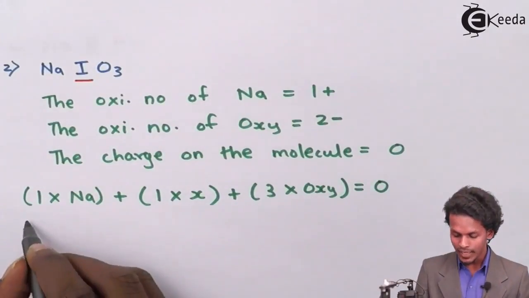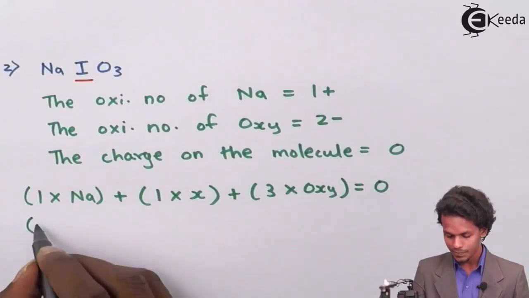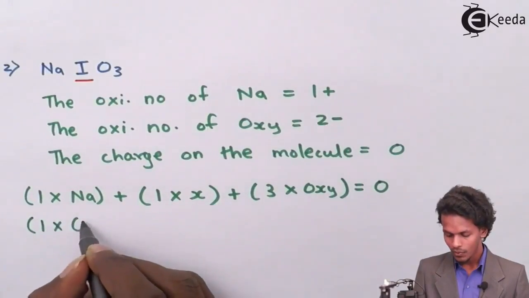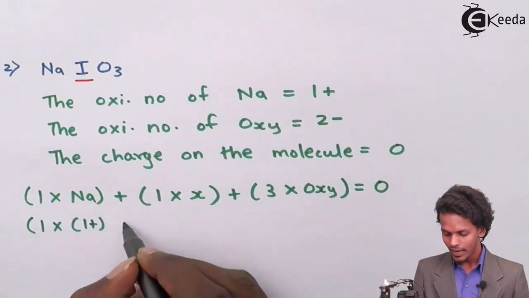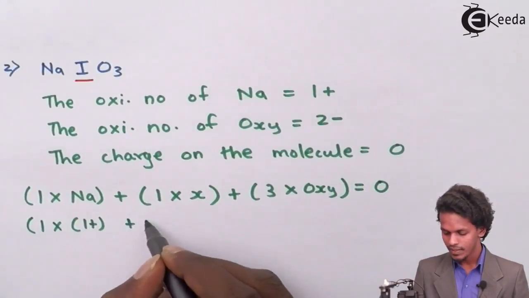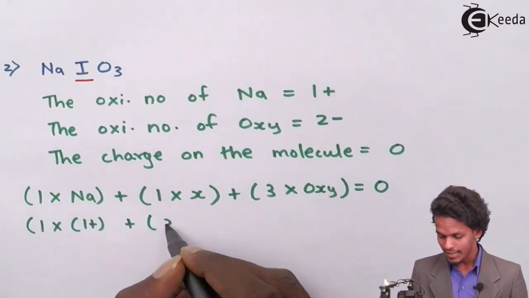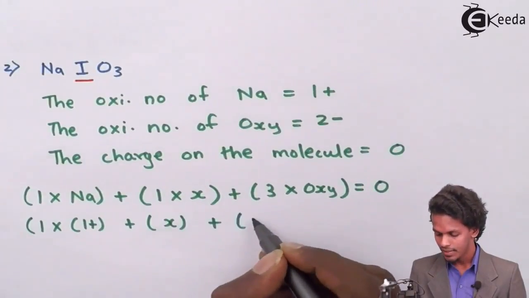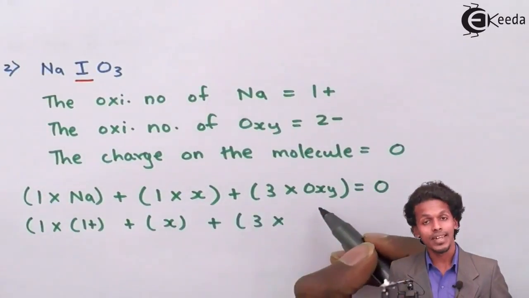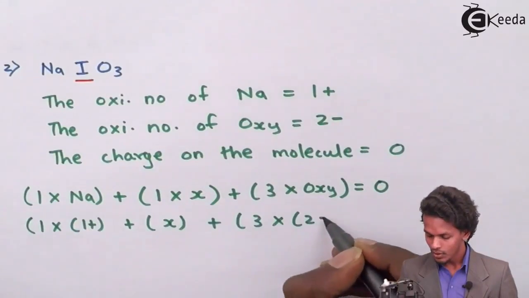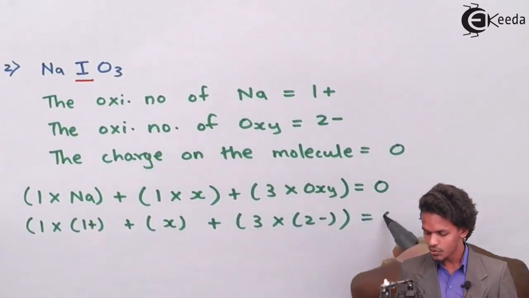Now, as we know, the oxidation number of sodium is 1 plus, while that of iodine is X, and for oxygen it is 2 minus, which equals 0.